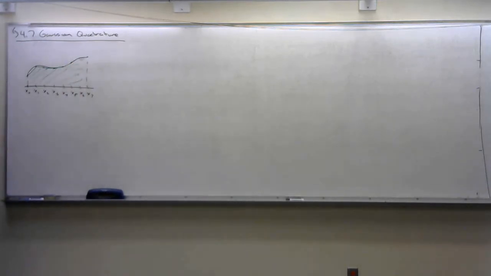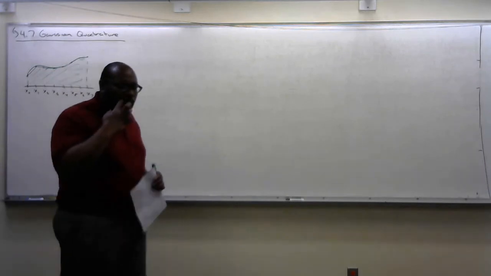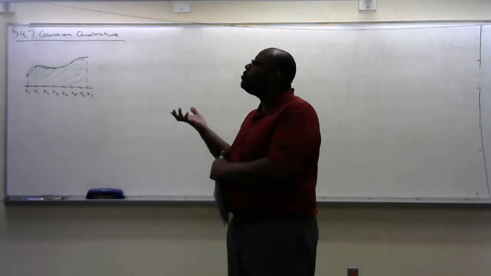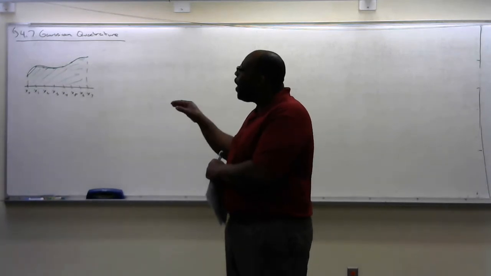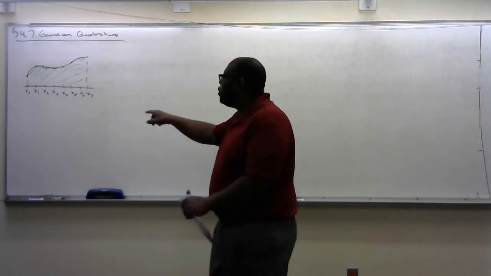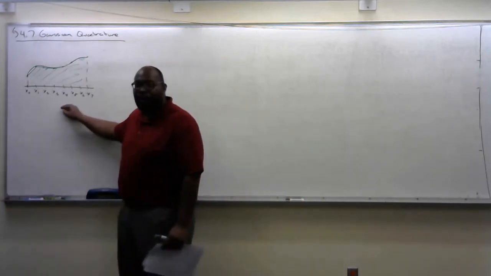this composite trapezoid shape. However, is that the best way? Is that the right way to approximate a definite integral? Are there other ways of doing it, right? Here I am assuming that I know the best nodes to choose. I equally space them, right?